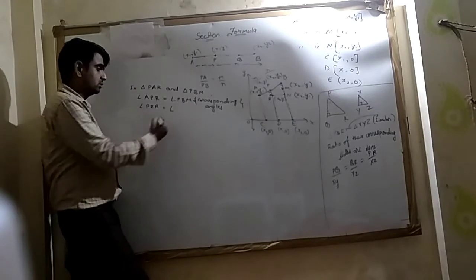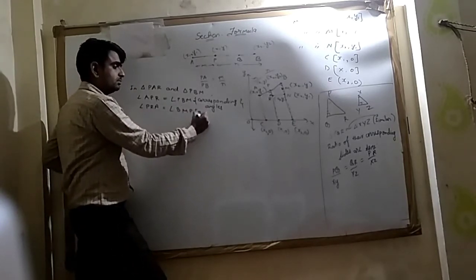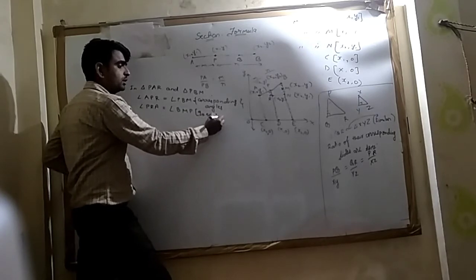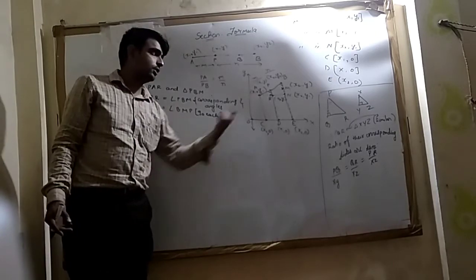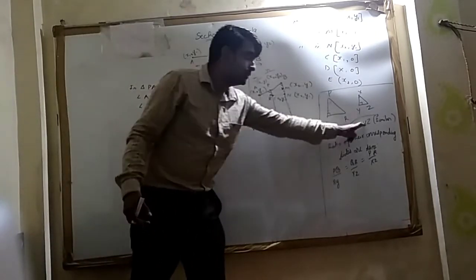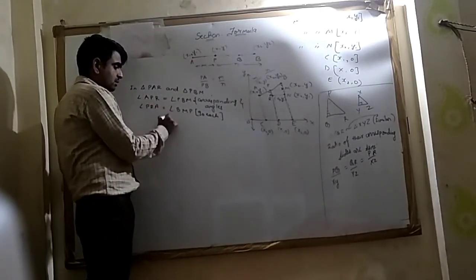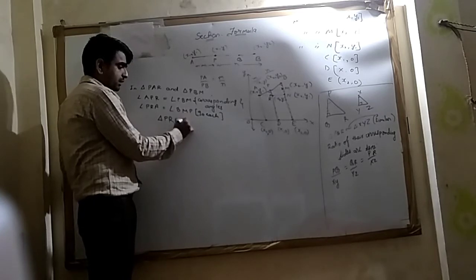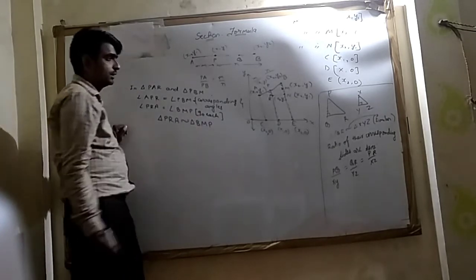Okay, so these are 90 degree each. Now see, I have shown that two angles of these triangles are same. That means my triangles are similar. Okay, so therefore triangle PRA is similar to triangle BMP.